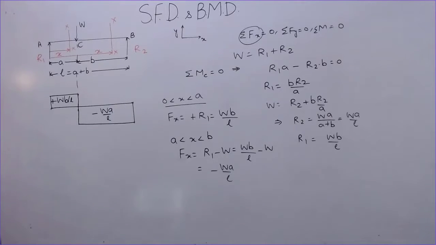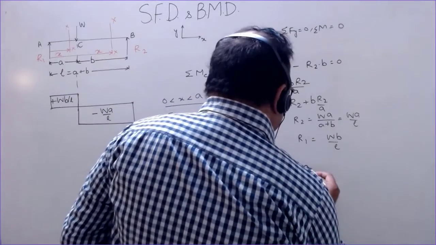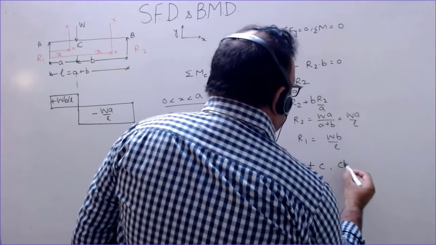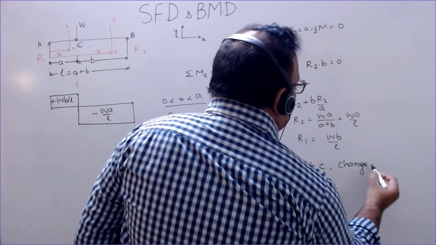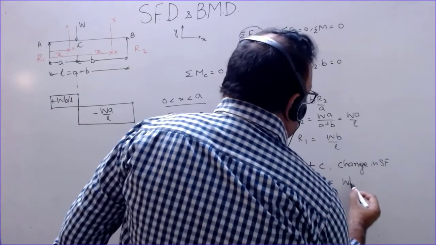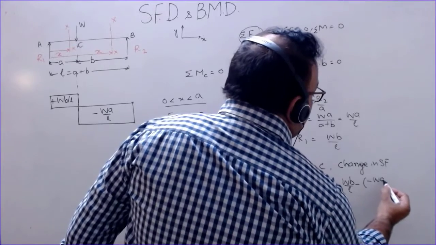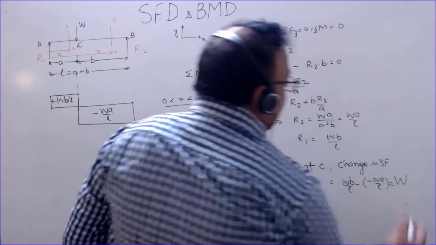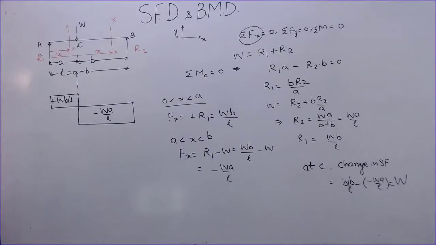At the point C where the point load is acting, the change in shear force is positive WB by L minus minus WA by L, and you will find that this is equal to W. So whenever we have a point load at any point, there is a change in the shear force, and that change is equal to the magnitude of the point load. So the shear force changes from positive to negative, and this change is equal to the point load acting here.